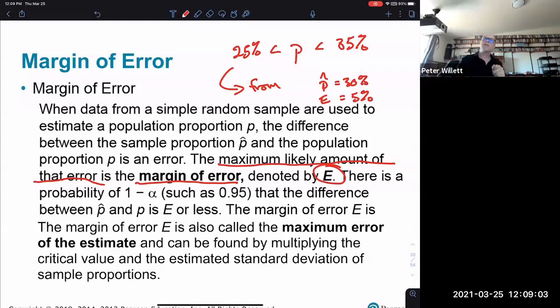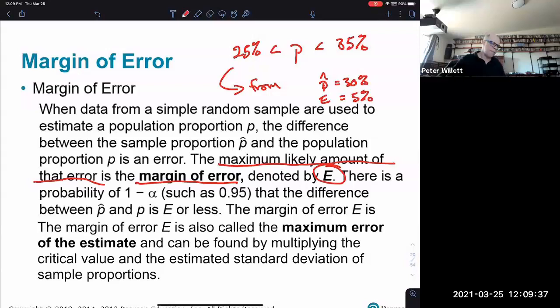That my point estimate will be within 5% of the actual P value of the population. Well, if 30% is within 5%, that means P might be as high as 35% or as low as 25%. So if I give that range of values from 25% to 35%, then I'm taking the sample value I got and adding the maximum error that I think could occur to get this range of values.